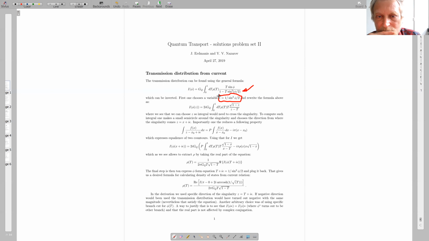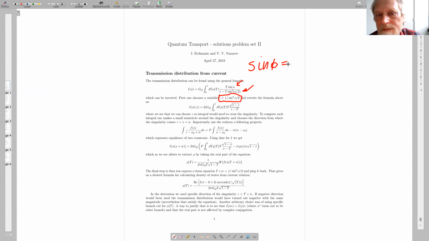So what we have to do, we have to express sine squared phi, which is 1 over z, and we have to express sine phi. But what is sine phi? Some boring trigonometry.